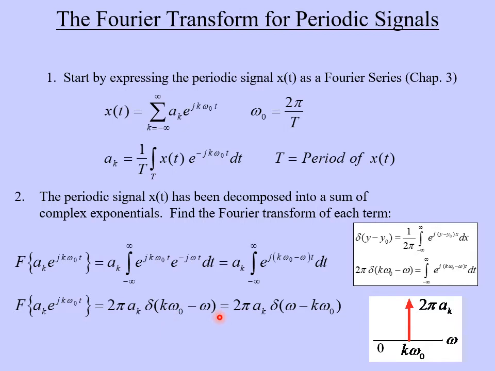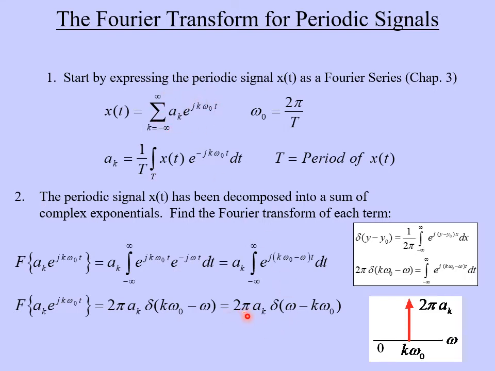One of the properties of a delta function is that if you switch the terms inside the argument, it's still the same delta function. In other words, the delta function of x is the same as the delta function of minus x. It's just one of the properties of delta functions. So we end up with the Fourier transform of each one of these infinite number of terms, and it looks like this.